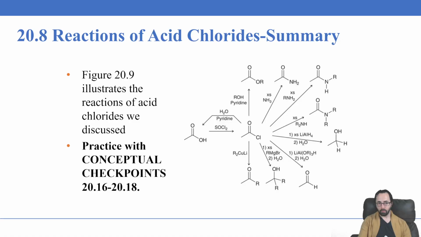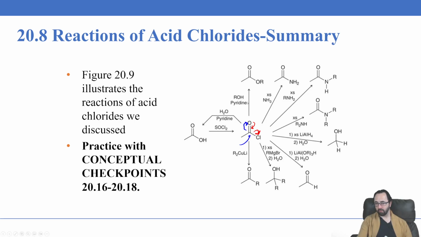Finally, this is a summary of all the reactions of the acid chlorides that we discussed. They all generally follow the same mechanism where you have some nucleophile attacking the carbonyl, and then we have a subsequent step where we have a negatively charged oxygen here, and then the carbonyl is regenerated, and in the second step, the chloride is lost.